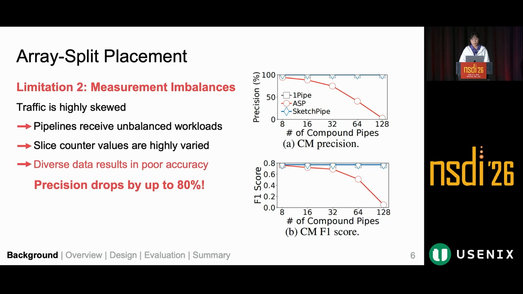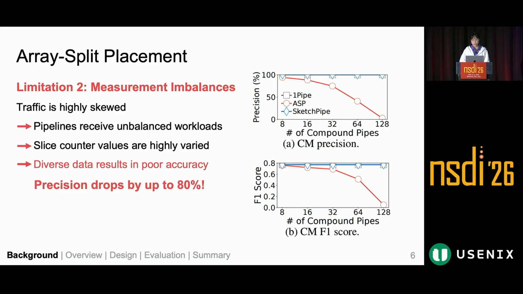The second problem is measurement imbalance. Real network traffic is highly skewed. A small number of flows may contribute a large fraction of packets. Since flows are distributed across pipelines according to routing behavior, some pipelines may become hot while others receive much less traffic. Under array split placement, different slices observe very different workloads.